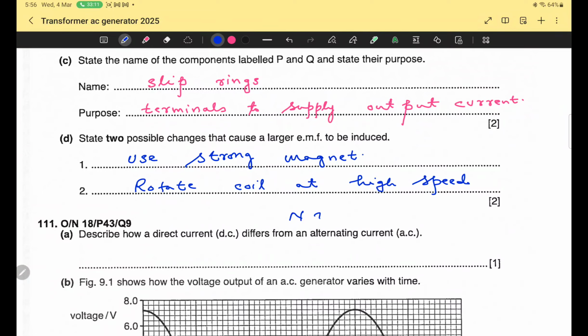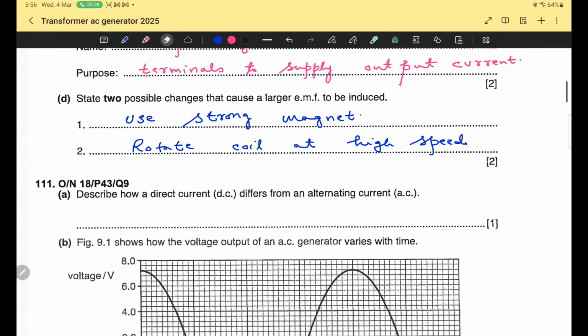That means increasing the speed and increasing the strength of the magnet. But you can also write increase the number of turns of the coil or increase the area of the coil, all are correct. But usually in the marking scheme, they write only use a strong magnet and rotate the coil at high speed. So this question is also completed.